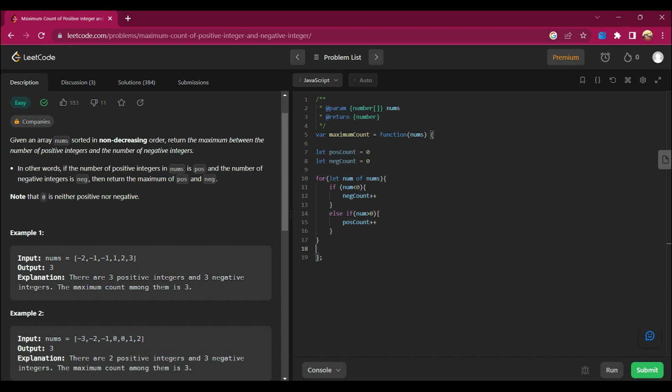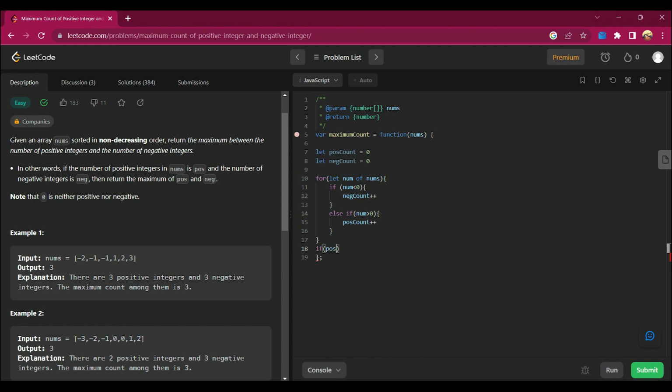Now when we have the count of both of these values, the positive count and the negative count, we can compare both of them.